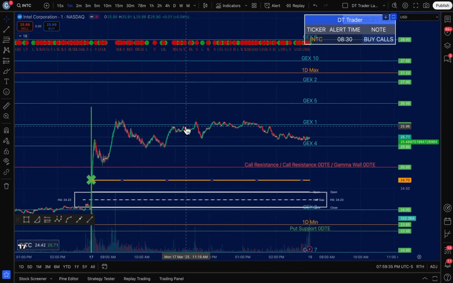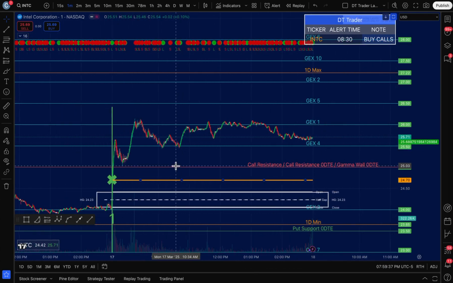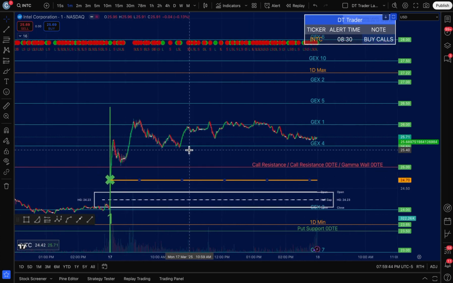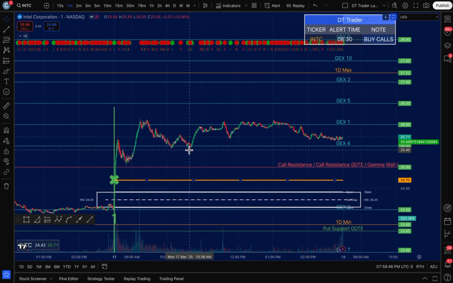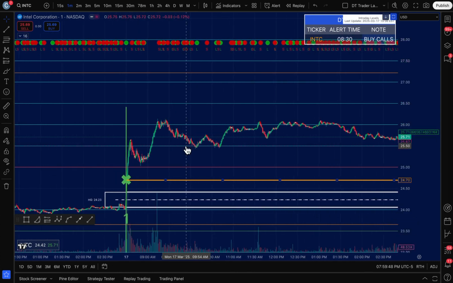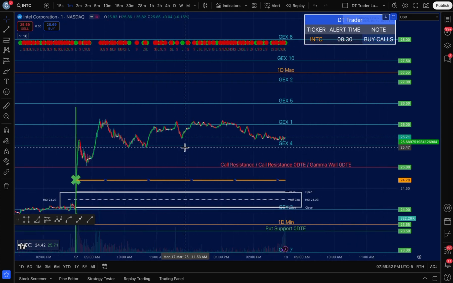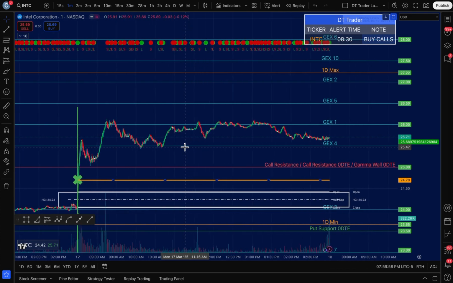Next, we want to talk about INTC, which was an alert from today. Overlaid on the top, you can see Mentor Q levels. The call resistance levels are in red, and then the GEX4 and the GEX1. If a stock trades over call resistance, as we can see here, oftentimes it keeps going to GEX1. If you study the Mentor Q levels, they historically work in that typical fashion.